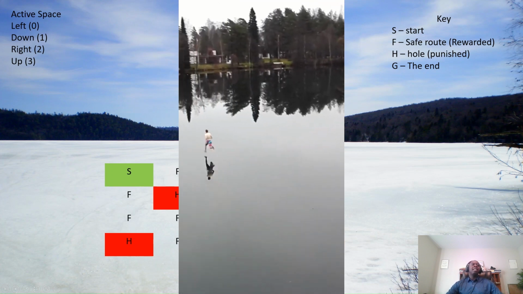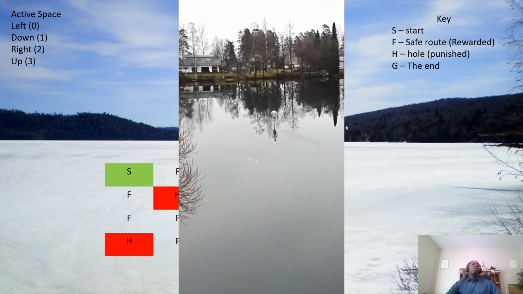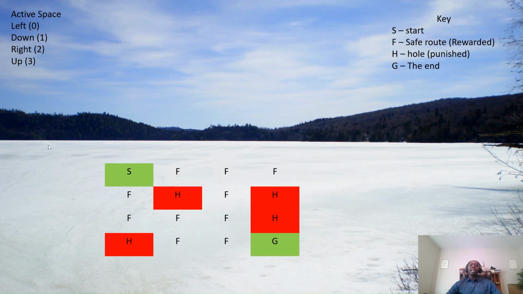Just like a human being traversing a frozen lake, we want a person to come from this end of the lake to the other end of the lake without falling into the water. Same thing in our case, we want our agent to traverse this grid from start to finish without going into these holes. So in our example here, the agent has options to either go this way, this way, this way, or this way.